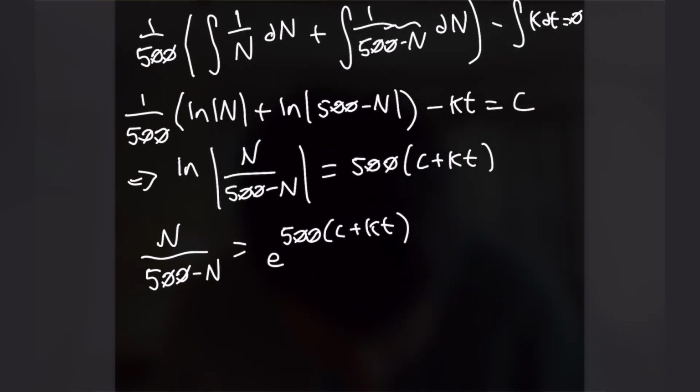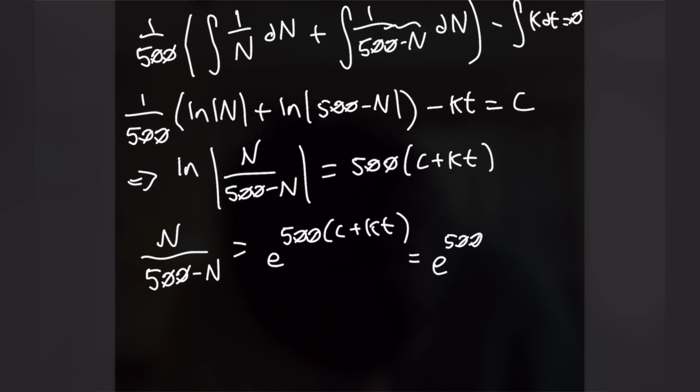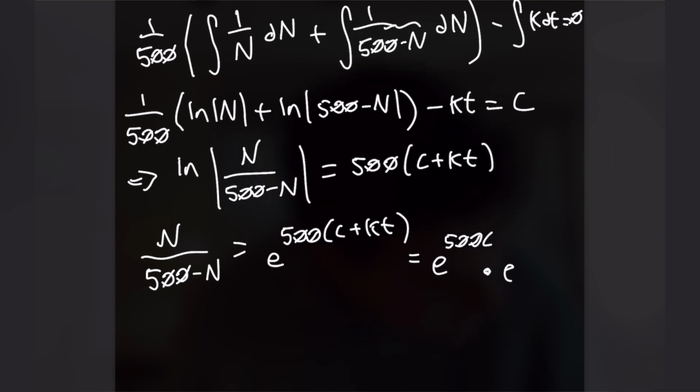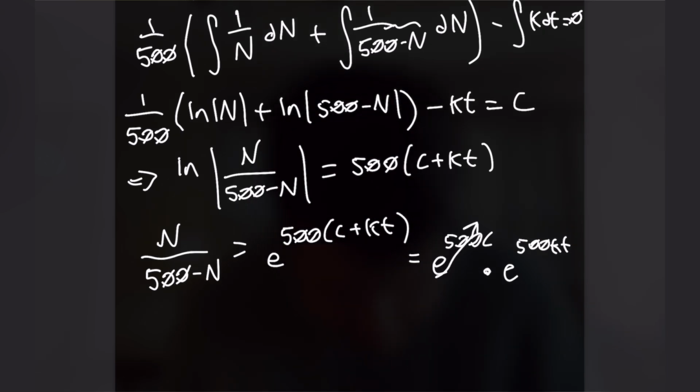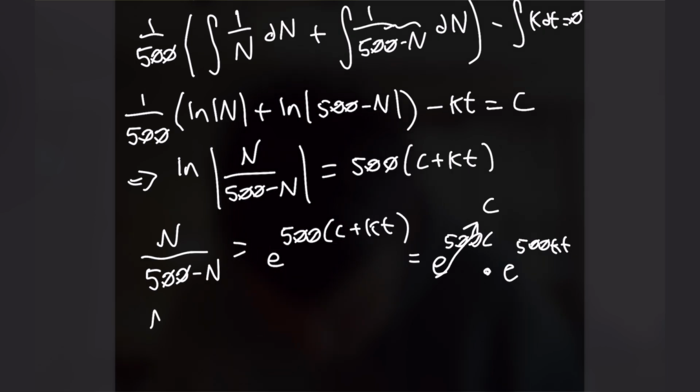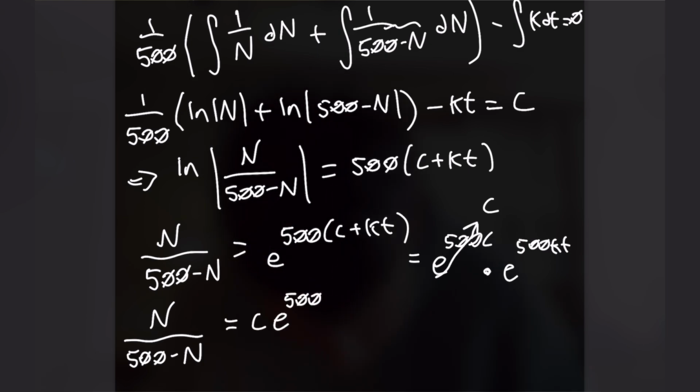But we can rewrite that as e to the 500 c times e to the 500 kt. And we'll write this e to the 500c as our new constant c, and we'll be left with n over 500 minus n is equal to c times e to the 500 kt.